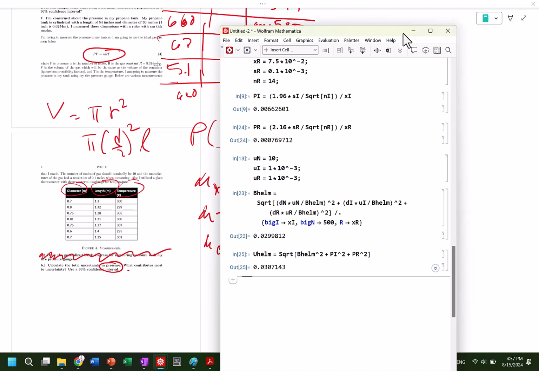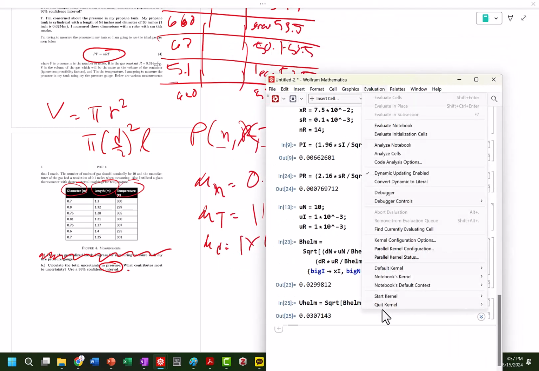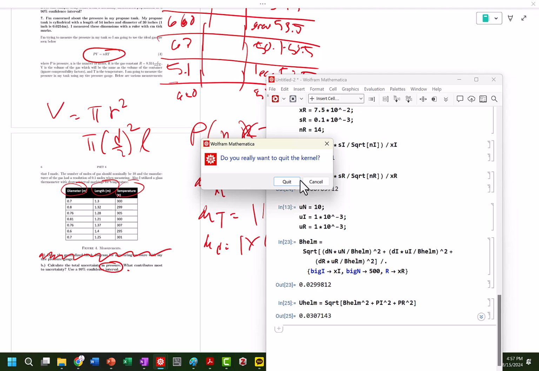And actually, what we're going to do is quit the kernel, local.